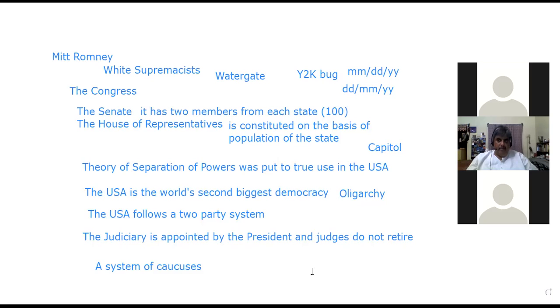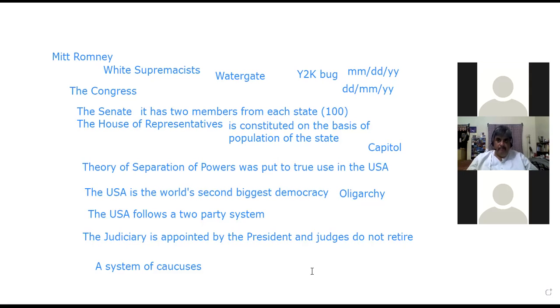Mike Pence was the running mate for Donald Trump, and Kamala Devi Harris was the vice presidential candidate, who was Joe Biden's running mate.